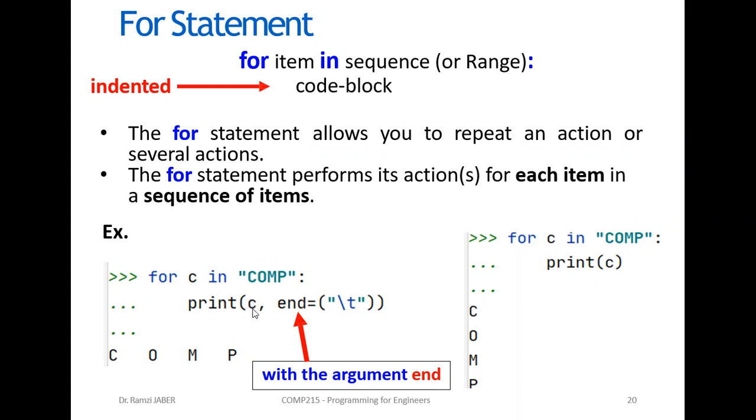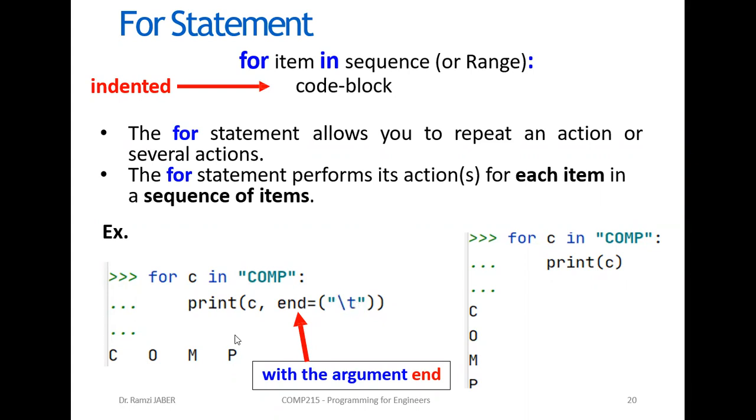At the end of the output, we end it with any escape character or anything you want. Just a space, you can use it. So we have another argument called end. It is written like that, end equals, and between parentheses put whatever you want here.